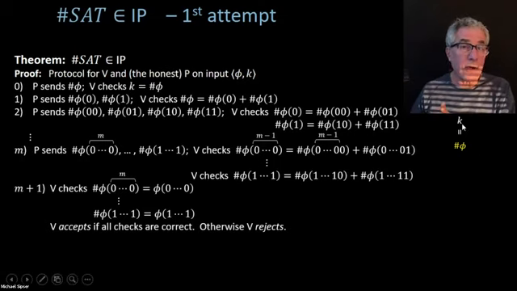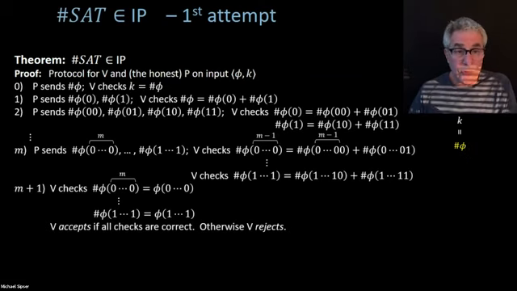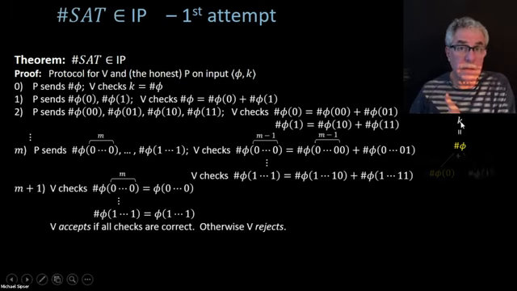So the verifier has K, the input value, which is supposed to be the number of satisfying assignments, and the prover sends some value, and the verifier checks that this value, which is supposed to be the number of satisfying assignments, corresponds with K. So that's one of the checks it does. Then the prover is going to take that to justify this value.